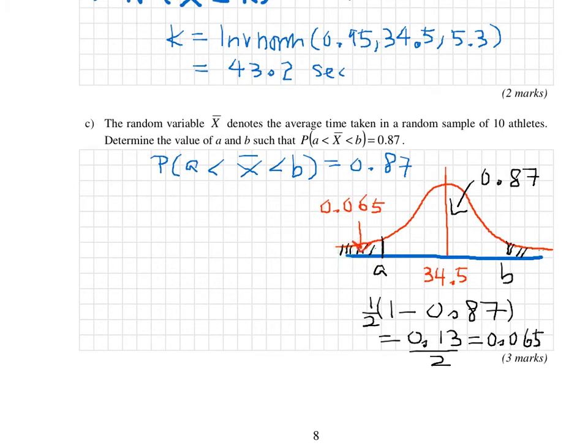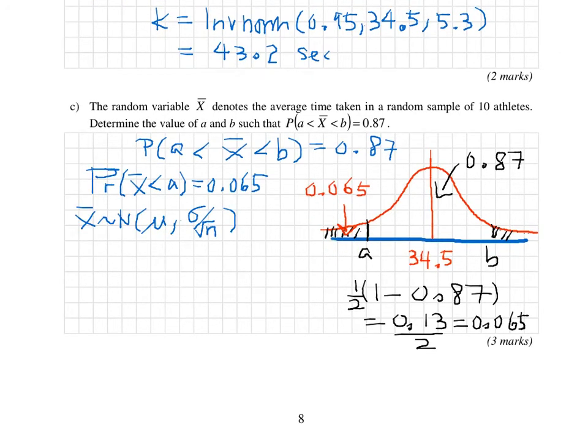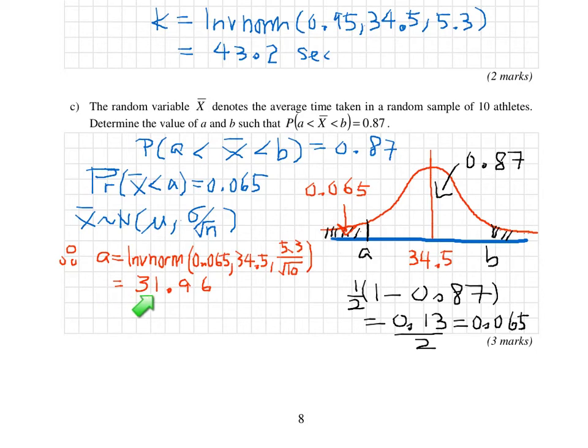But let's focus on this. First we settle this part here. X is distributed, by the central limit theorem, with mean mu, but the standard deviation is the sampling error, this one. So you get approximately 31.96.